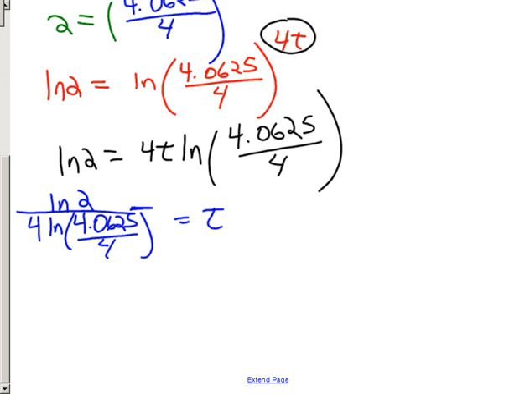There it is in terms of its analytical sense. Which means t equals, if we plug this in, natural log of 2 divided by parentheses 4 times the natural log of 4.0625 divided by 4.